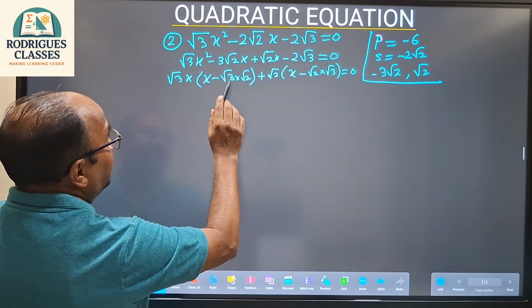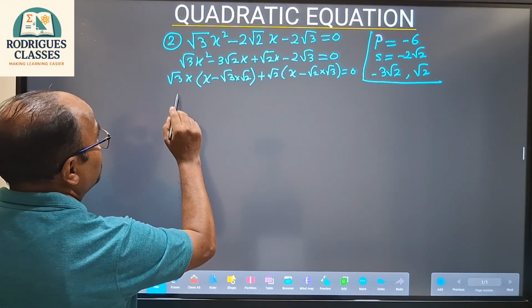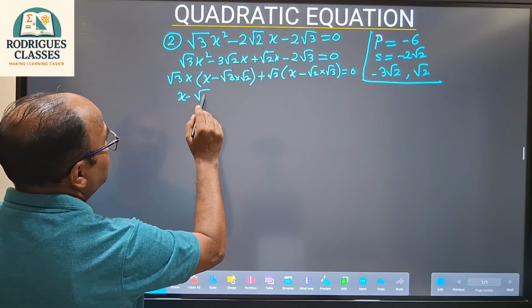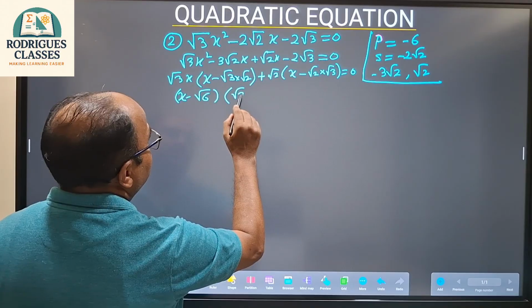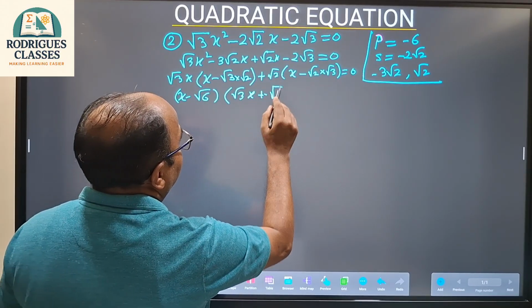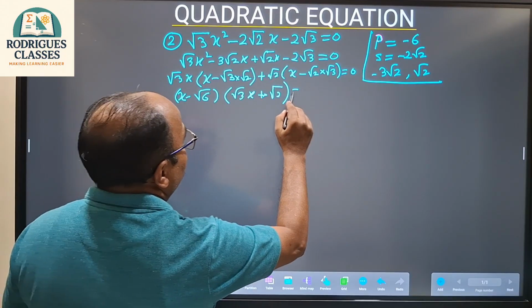So now inside the bracket you see root 3 into root 2 at both the places. So that will be root 6. So I get here x minus root 6 and here root 3x is left and plus root 2 is left, equals to 0.